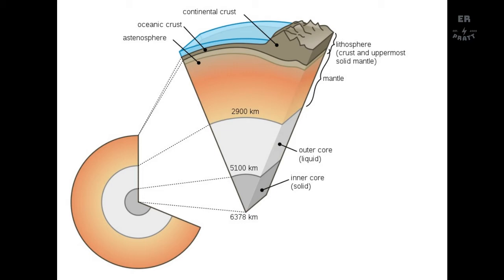The crust and the cold, rigid top of the upper mantle are collectively known as the lithosphere, and it is of the lithosphere that the tectonic plates are composed. Beneath the lithosphere is the asthenosphere, a relatively low viscosity layer on which the lithosphere rides.